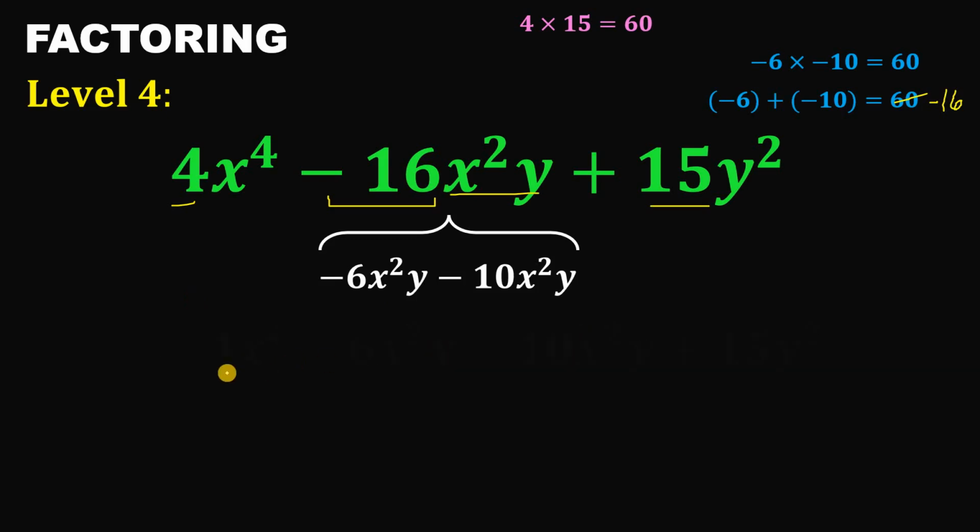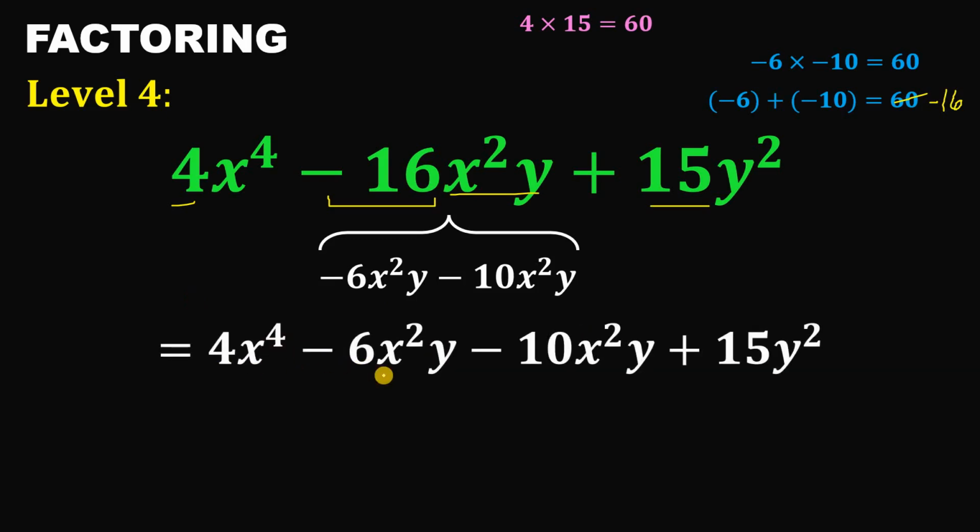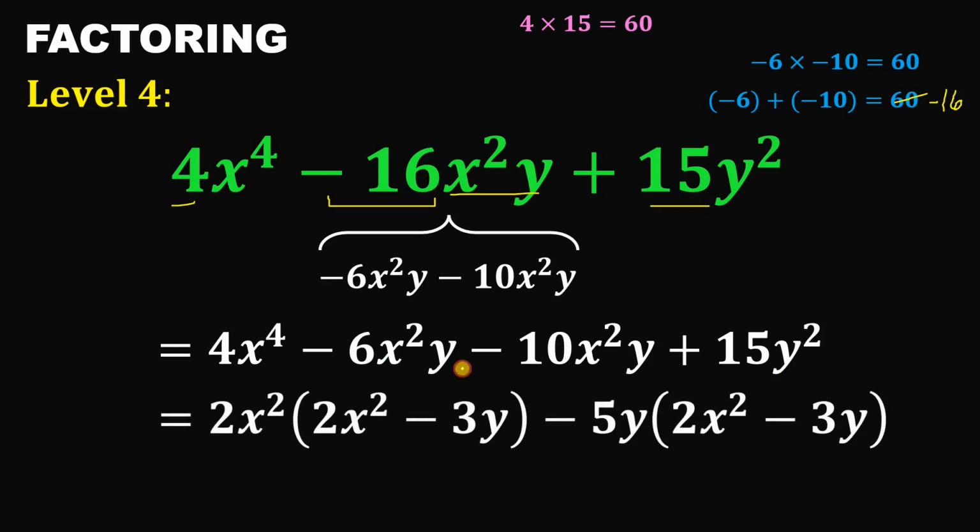Now, we can rewrite our expression as 4x raised to the fourth power minus 6x squared y minus 10x squared y plus 15y squared. Now, in these two terms, we have a common factor of 2x squared. So if we factor out 2x squared, we have 2x squared multiplied by 2x squared minus 3y. And on this part, we have a common factor of negative 5y. So if we factor out negative 5y, we have 2x squared minus 3y.